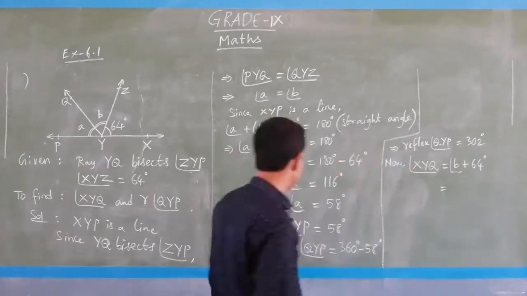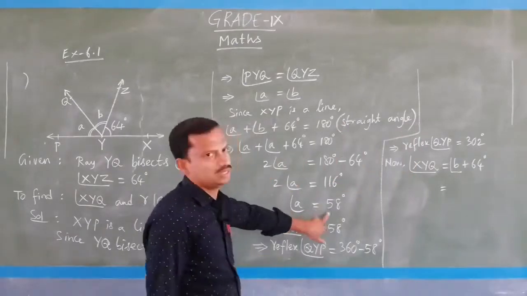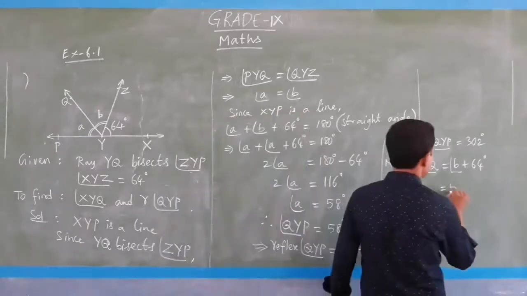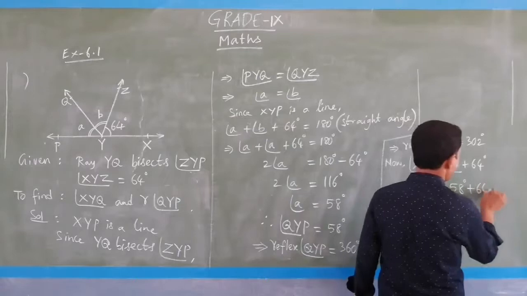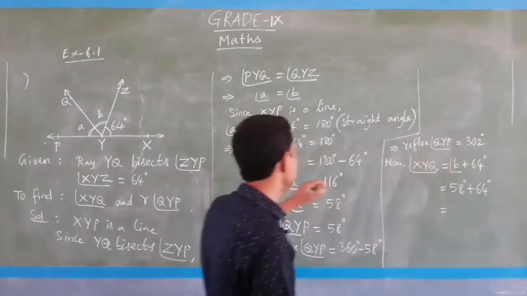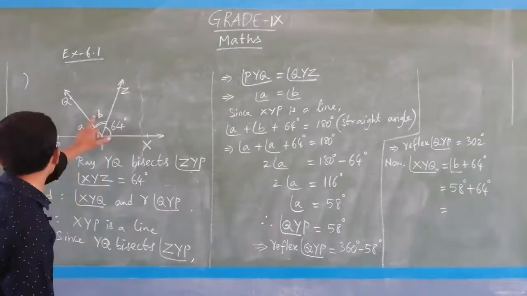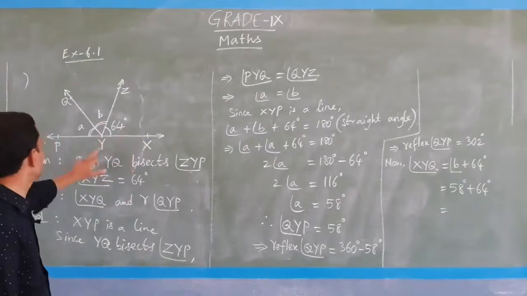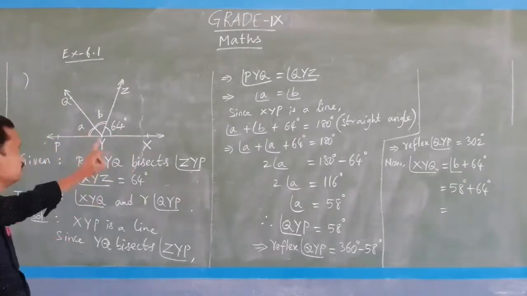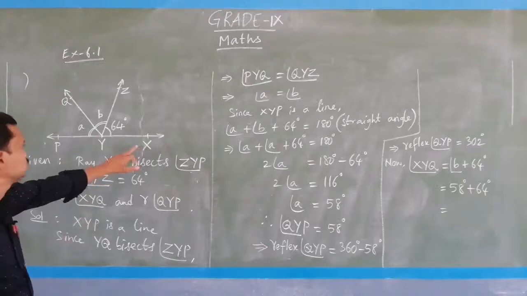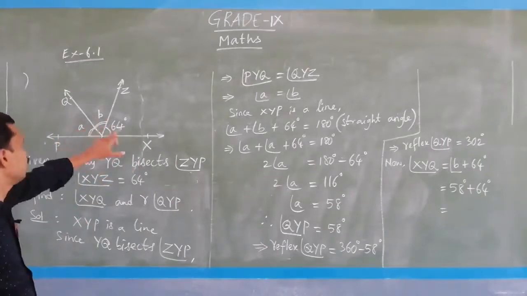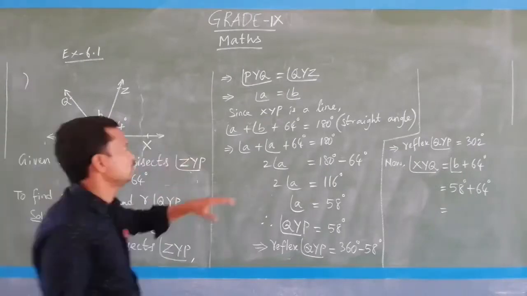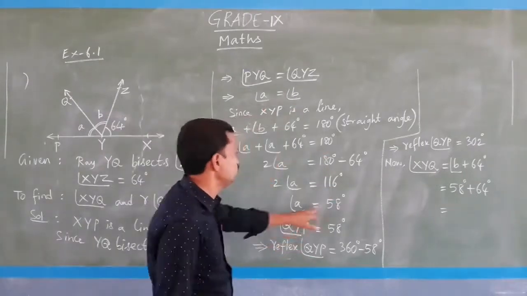We found angle A is 58, and angle A and angle B are equal, therefore angle B is also 58 degree.